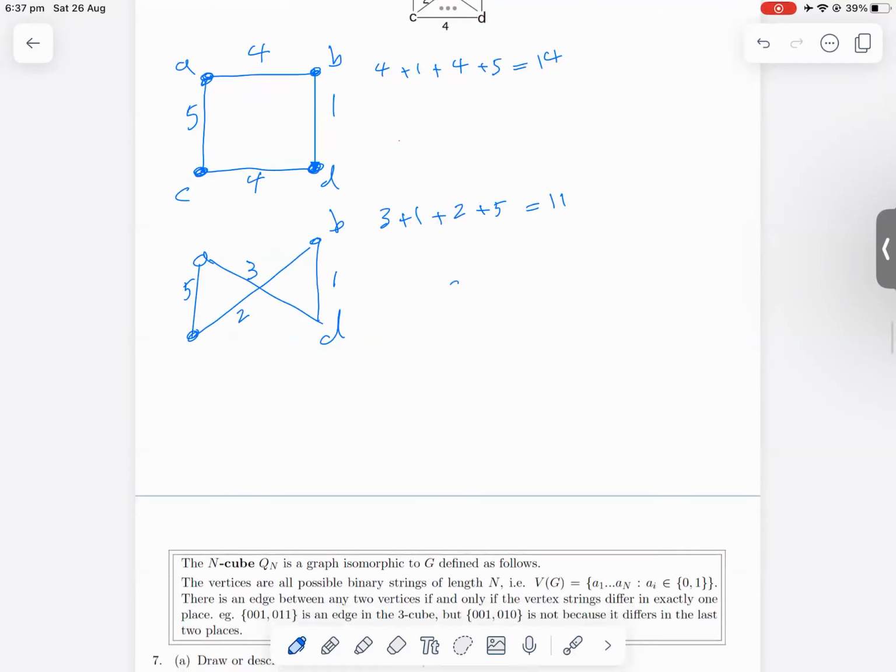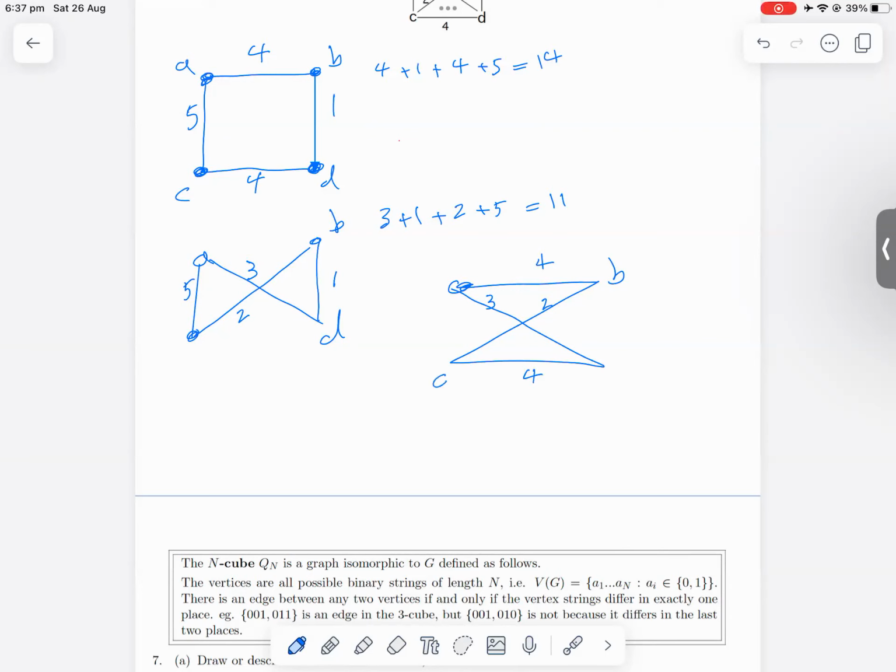So the other one is definitely this one. So AB, what's that? 4. This one is 2. So then I came here, 4. And then this one is 3.